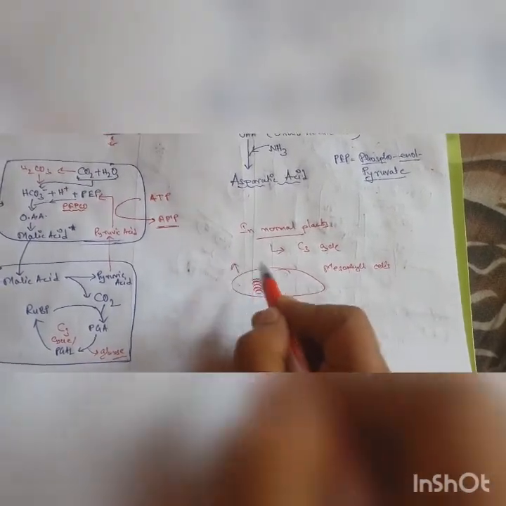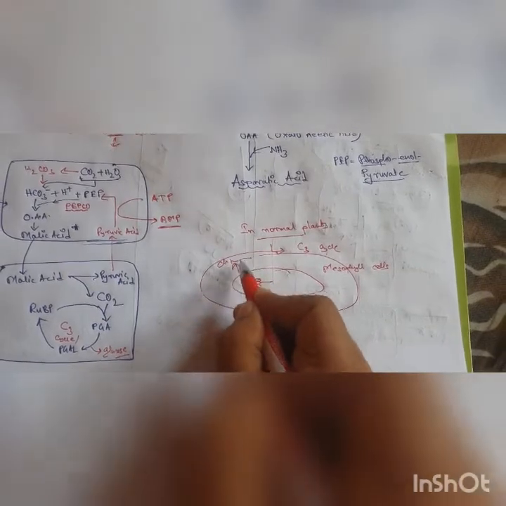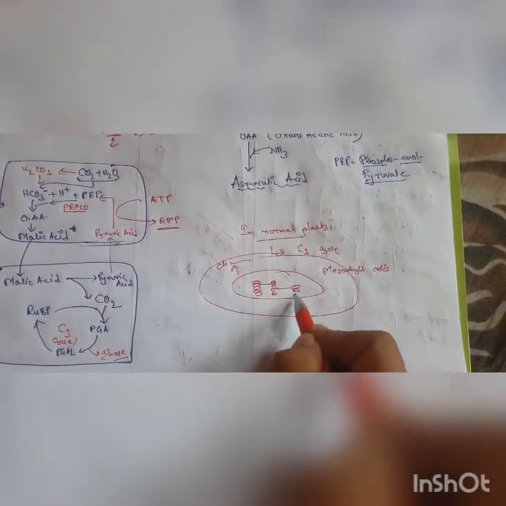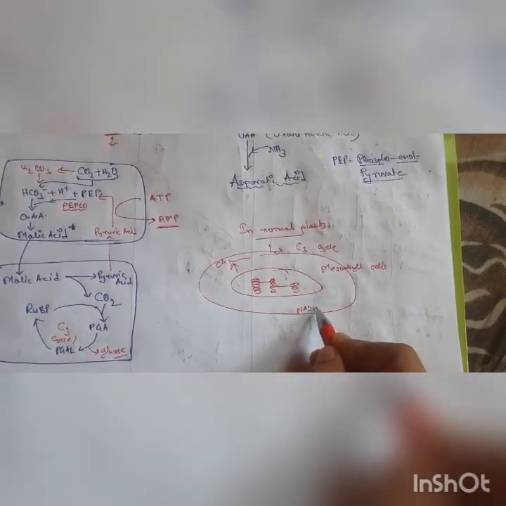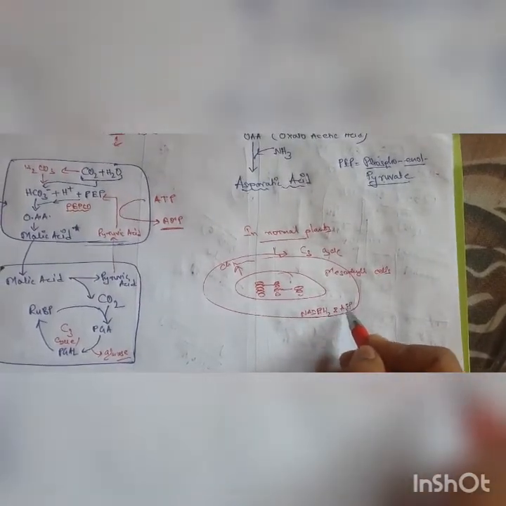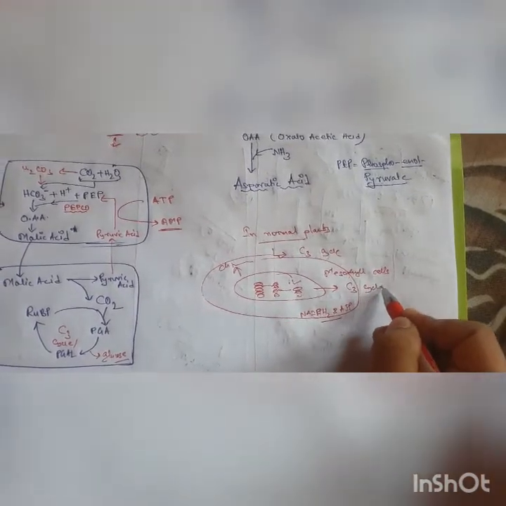Suppose this is the chloroplast only. This is the mesophyll cell. This is the chloroplast. In the chloroplast, there is grana and there is stroma. In the grana, there is synthesis of NADPH2 and ATP, which is utilized in the stroma where the C3 cycle goes on.